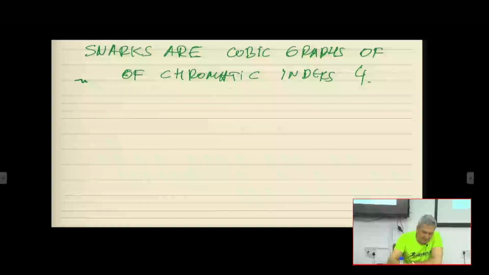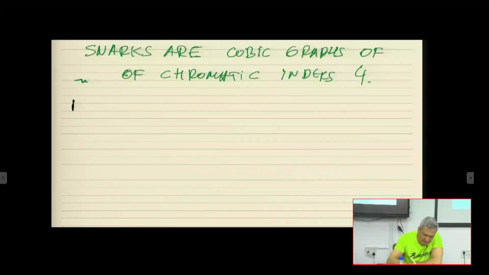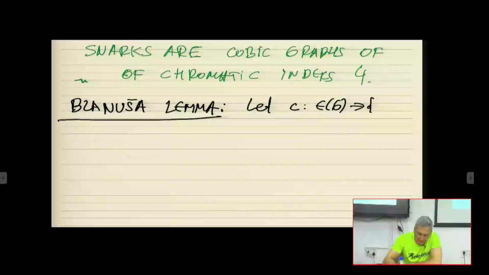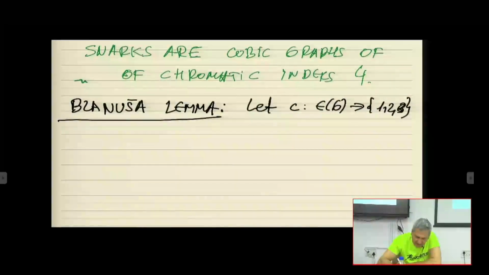So we have here one lemma, which is called the Parity lemma. Let c be a 3-edge coloring of a cubic graph G. We speak now only about cubic graphs. So some 3-edge coloring of a cubic graph, 1, 2, 3. Now let big C be an edge cut.